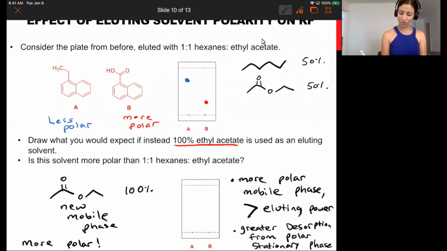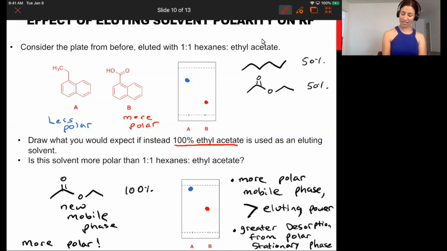What still remains true, even though something has changed, is that desorption is still going to be greater and the RF is still going to be higher for the less polar compound. So what you will observe as the polarity increases is that the RF of every compound goes up, but the relative RF between two molecules remains constant.